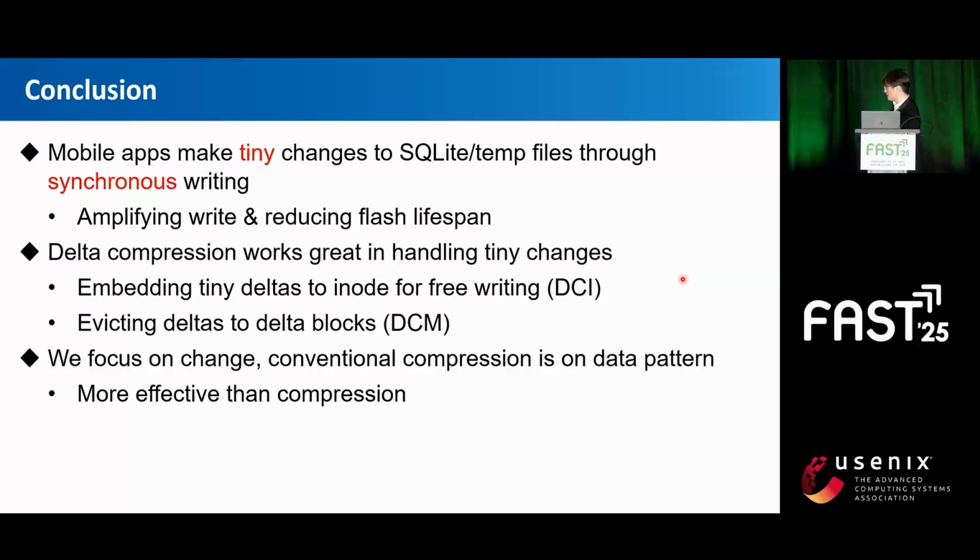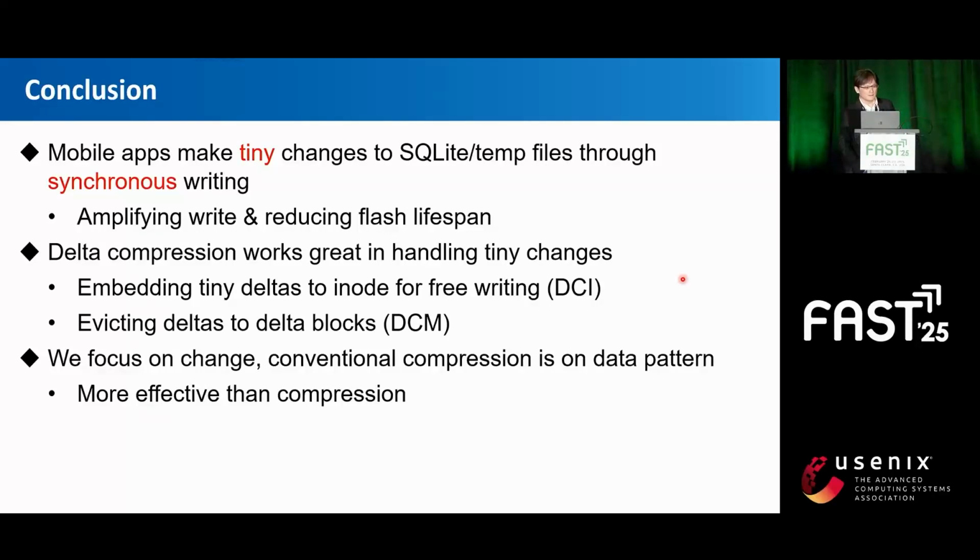So this is my conclusion. Mobile applications generate a lot of tiny changes. Based on this, we propose using delta compression. Our proposal includes DCI and DCM. We utilize the inline area, and if the inline area overflows, we store deltas in regular blocks.